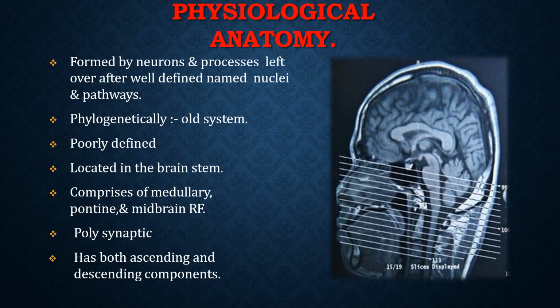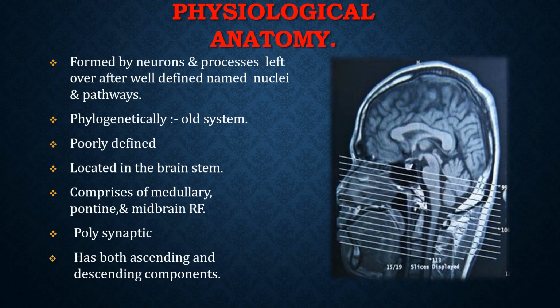Coming to its physiological anatomy, it is formed by neurons and processes left over after well-defined nuclei and pathways. This reticular formation is phylogenetically an old system, and it is very poorly defined. We can't exactly tell the borders and exact location.